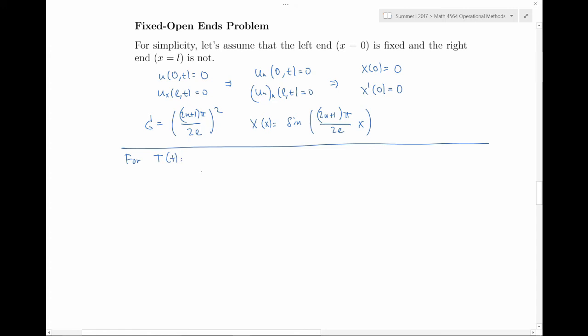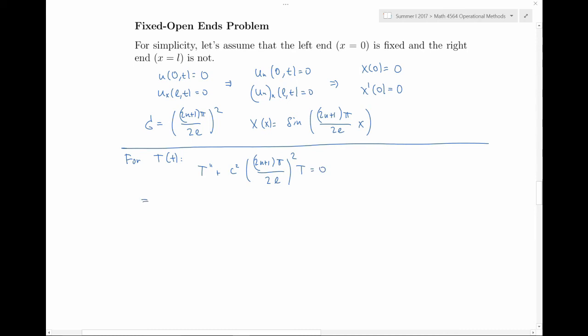The equation for the function T of t reads T double prime plus c squared times ((2n plus 1) pi over 2L) squared times T of t should be 0.